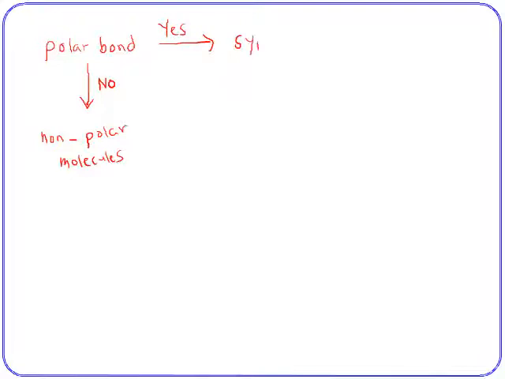Summary on how to identify whether the molecule is polar or non-polar. Basically, we check whether the bond is a polar bond or non-polar bond. If it is a non-polar bond, the molecule basically is a non-polar molecule as well. But if it is a polar bond, then you have to check whether the shape is symmetry. If your answer is no, the molecule is a polar molecule.